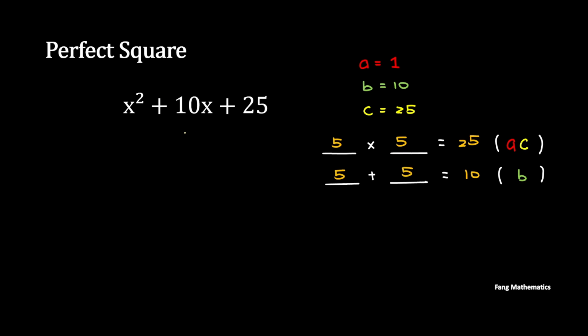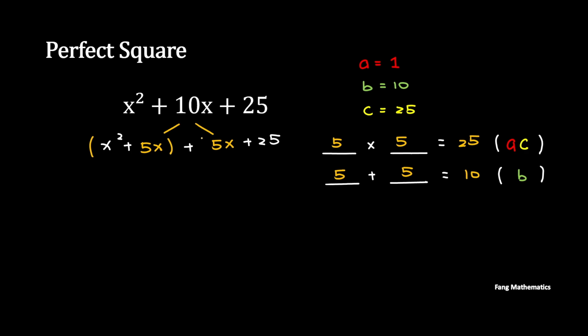We are to break down the linear term, that is 10, into the two numbers we find, 5 and 5, attach x on each number, and copy everything else back, plus and plus 25. We are to apply the grouping technique.